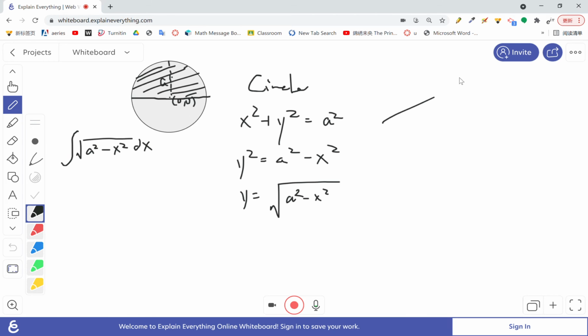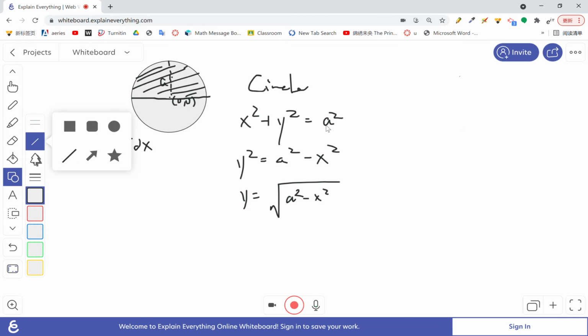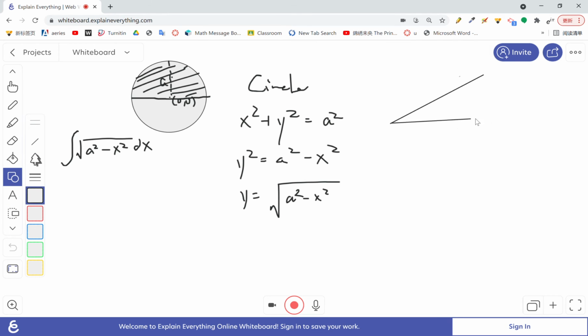Now using trigonometric substitution, I'm going to draw a right triangle here. This is a right angle.